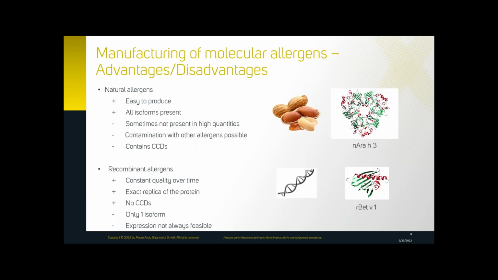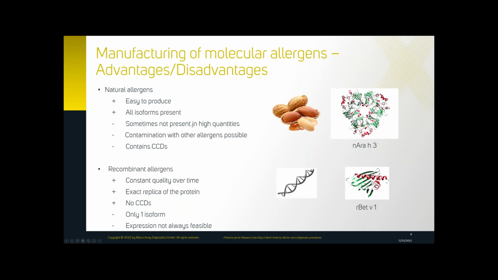Both options have advantages and disadvantages. The natural allergens are really easy to produce. You simply go to the supermarket, buy the nuts, and then purify it. You have all the isoforms present, and sometimes it's important to have all the isoforms for the allergy diagnostics.